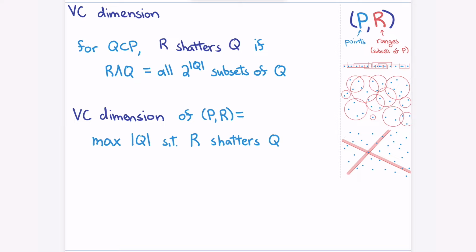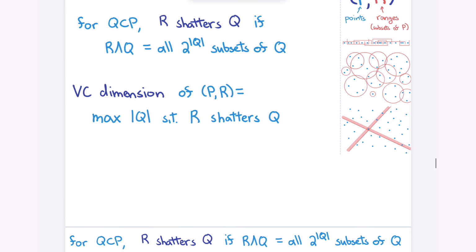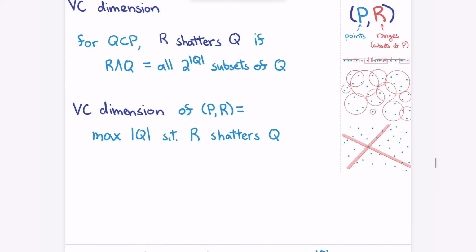For circles, it's going to be something like 3. Once you start getting to 4 points, it gets harder to induce all subsets. Here the size of Q is the number of points, over all subsets Q of T.